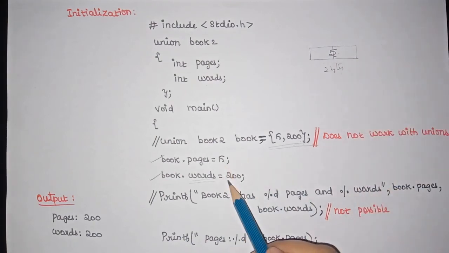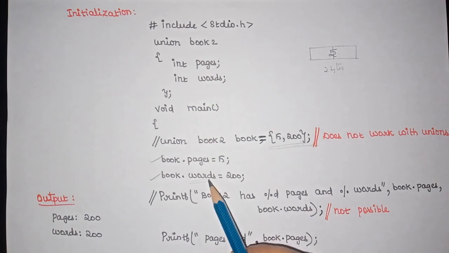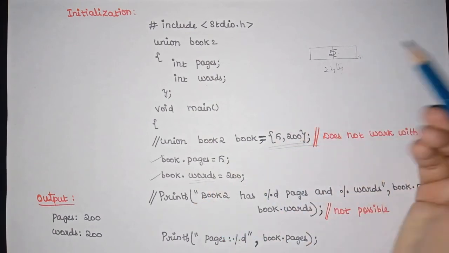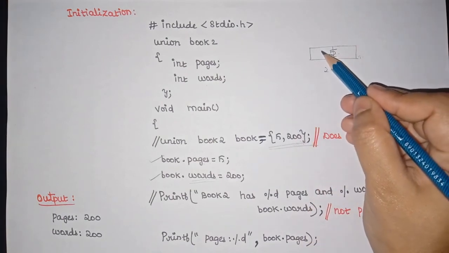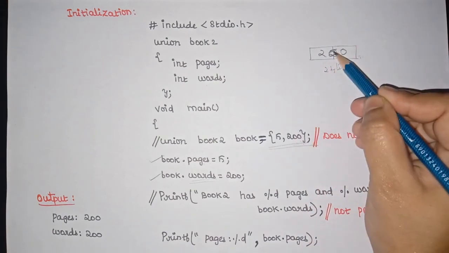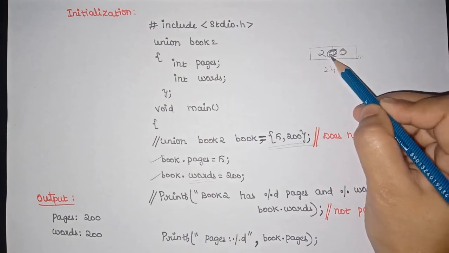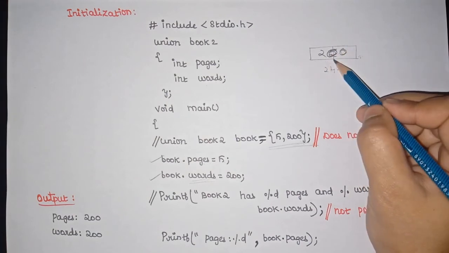Later we are initializing words with 200. So words will also take the same memory space, and this space will be updated with the value 200. The previous value 5 will be erased and updated with the new value 200.